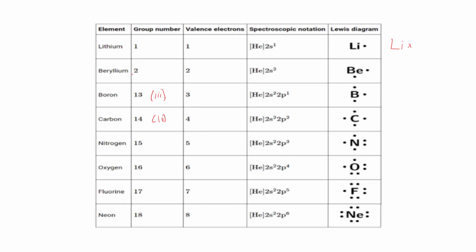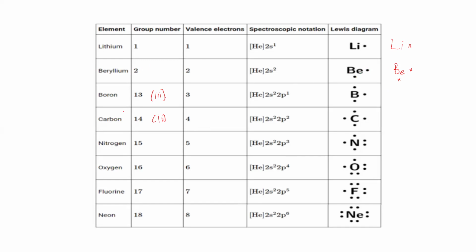Now, beryllium, you check its group number, you see, oh, Be, which is beryllium, is in group 2. Now, what are the valence electrons for beryllium? It's going to be 2 because it is in group 2. Therefore, how many dots or crosses will surround the Be symbol? We're going to have 2 because we have 2 valence electrons. Like I said, you can do it in dots or you can do it in crosses. Okay.